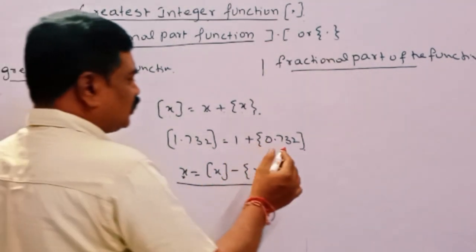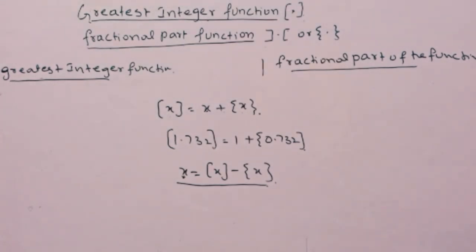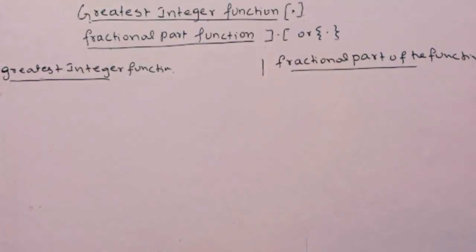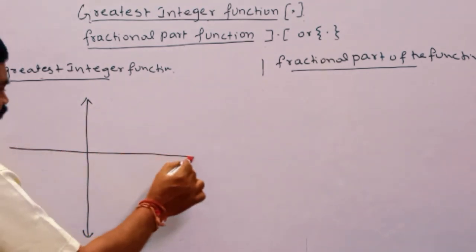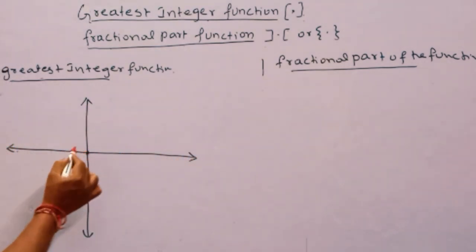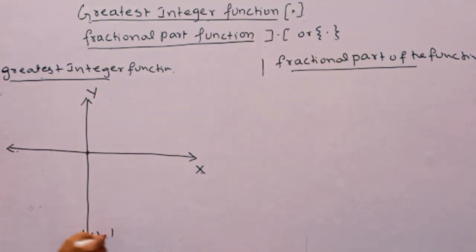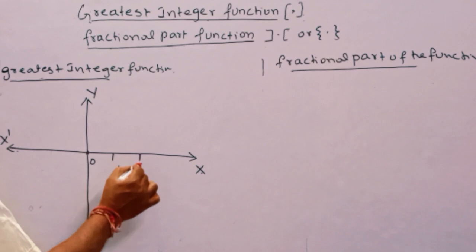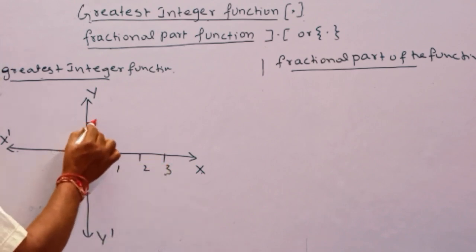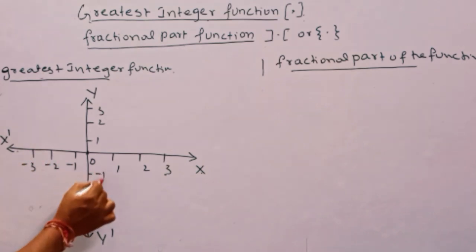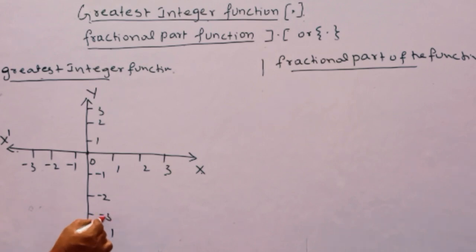One more. What is the graph of the function? This is the graph of the greatest integer function. This is the x axis, this is the y axis, y dash, x dash, this is 0, 1, 2, 3 and minus 1, minus 2, minus 3.